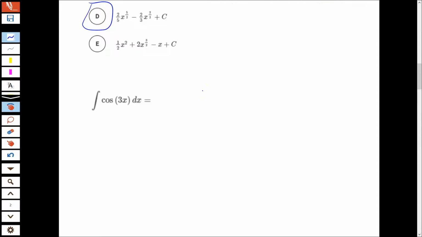This one is fairly easy, okay? So the integral of cosine is sine is what I want to say, right? So sine of 3x plus c would be a good guess. However, remember when we take the derivative of this, the derivative of sine of 3x is going to be cosine of 3x, which is what we want, and then chain rule times the derivative of 3x, which is times 3.